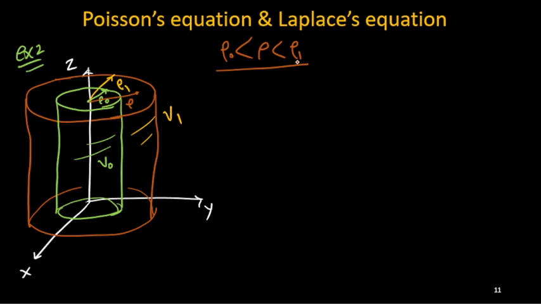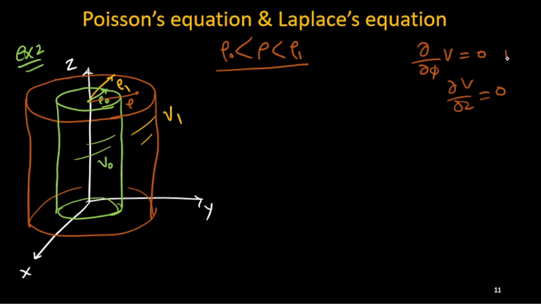So there, what is the Laplace equation? The Laplace equation equals 0. Now as it is symmetrical, it will vary with respect to rho only. It will not vary with z and phi, because it is symmetrical with respect to phi and z. So the variation ∂V/∂φ equals 0, and ∂V/∂z is also 0.